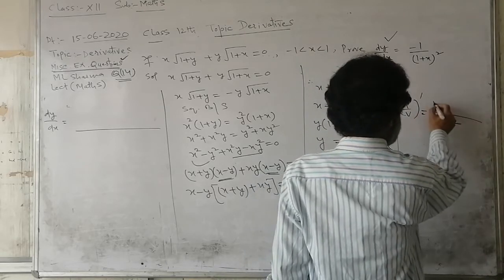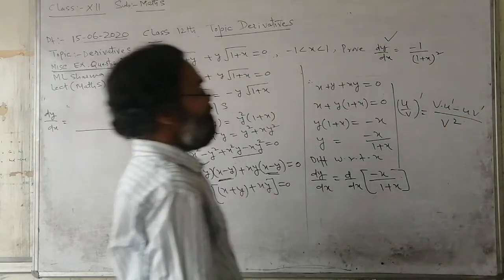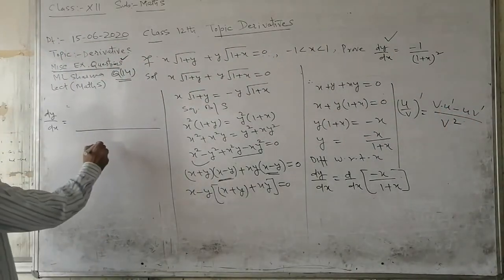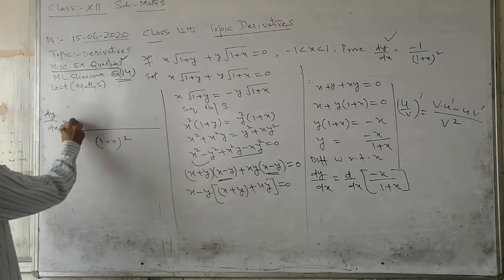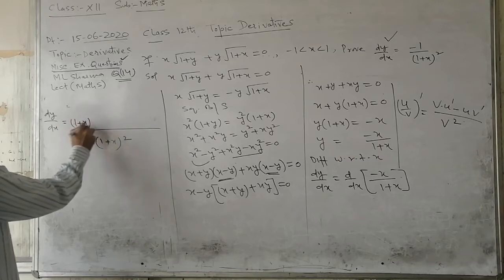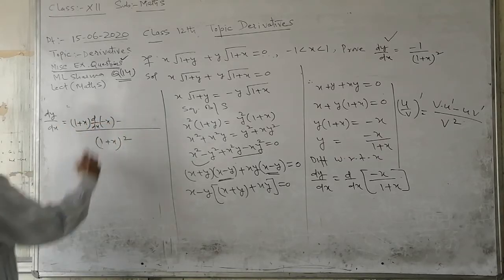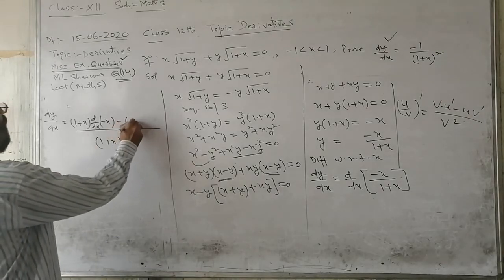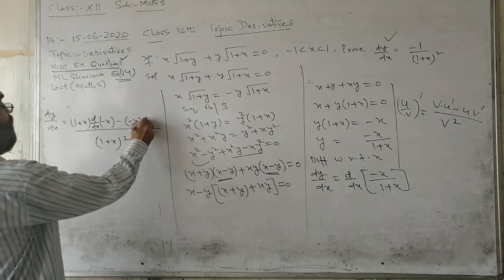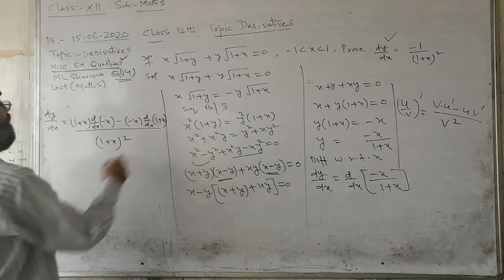Number of times we have solved questions using this formula. So this will be (1 plus x) whole square in the denominator, and in the numerator 1 plus x into d upon dx of minus x, minus minus x into d upon dx of 1 plus x.